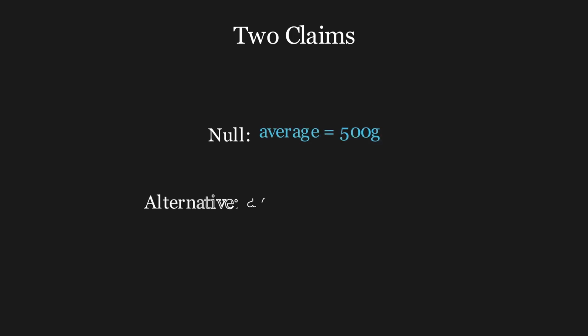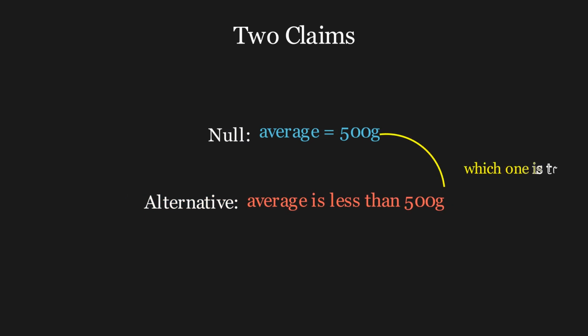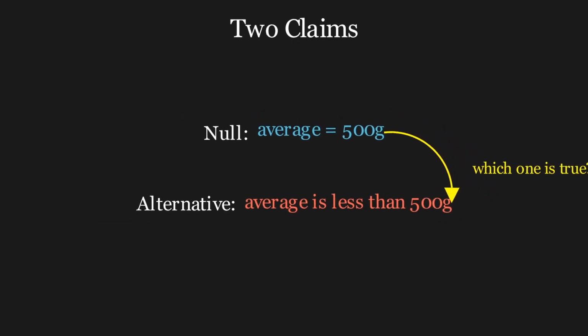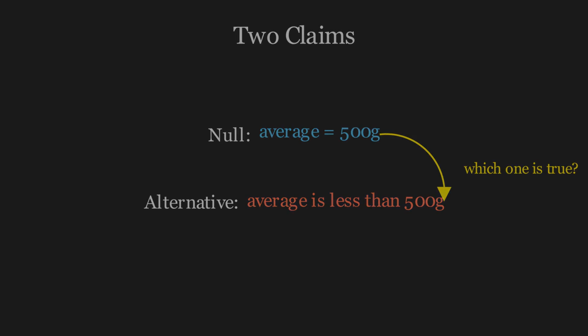First, we write down our two claims. The null hypothesis: the true average weight really is 500 grams, and our sample just happened to come in a bit lower by chance. The alternative hypothesis: the true average is actually less than 500 grams. They're really underfilling. Now, before we look at any calculation, we need to set a threshold for how much doubt is enough doubt.